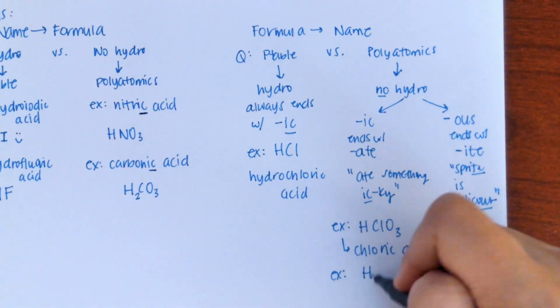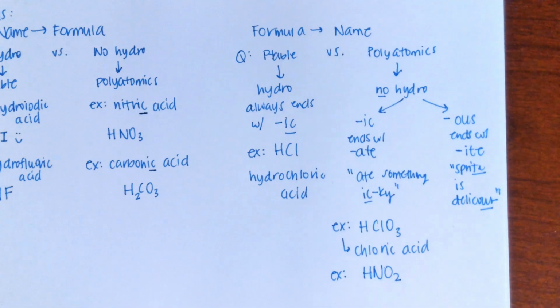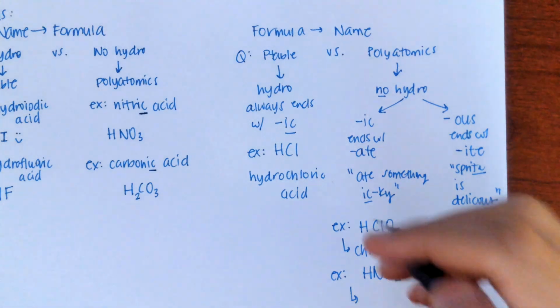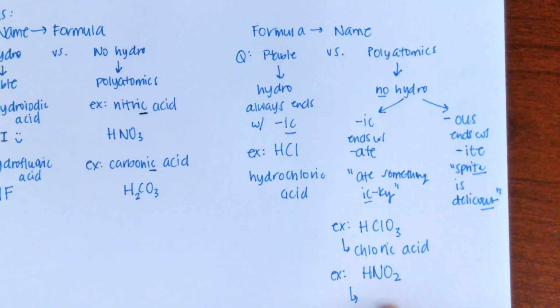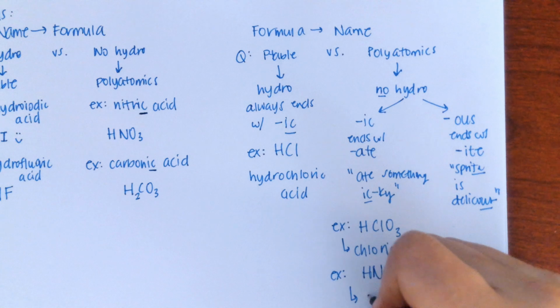And then let's say I have HNO2. What is NO2? What's NO2? The name. NO2 is nitrite. So nitrite turns into what?